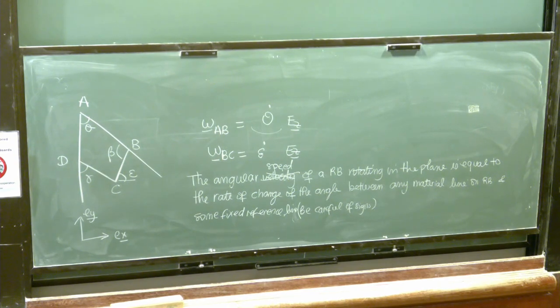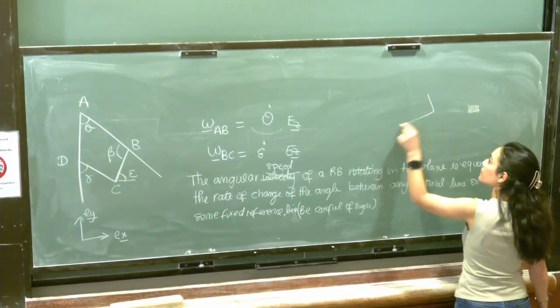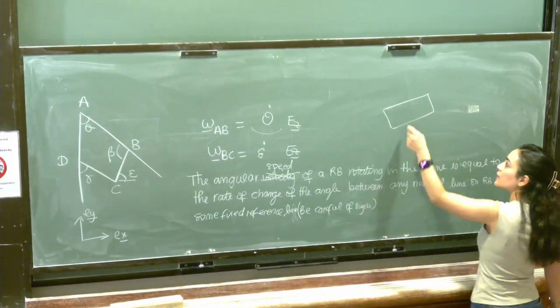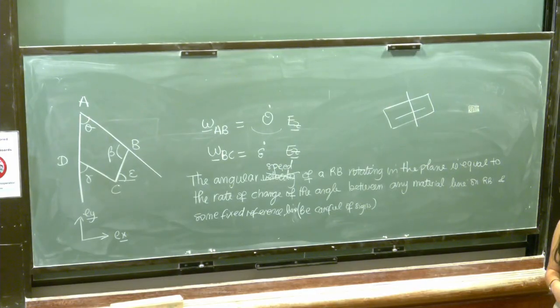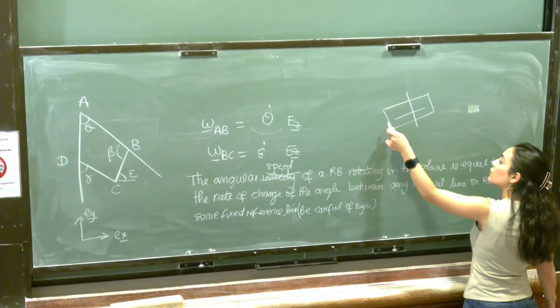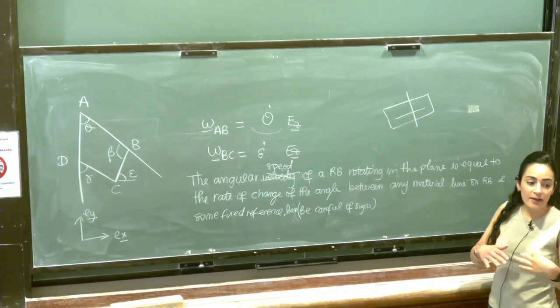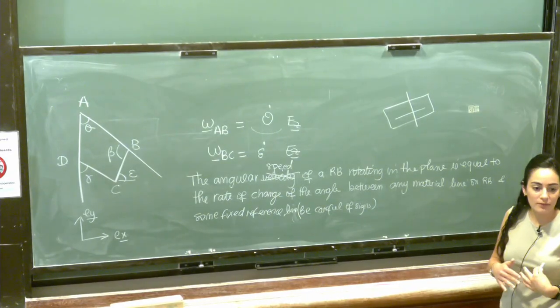And why do I say any line? Because say I have a rigid body that's like this. I can consider this line or I consider this line. The angle between these two lines is constant. So when I look at the rate of change between these two lines and any fixed reference line, the difference is going to be constant. Its rate of change is going to be 0.